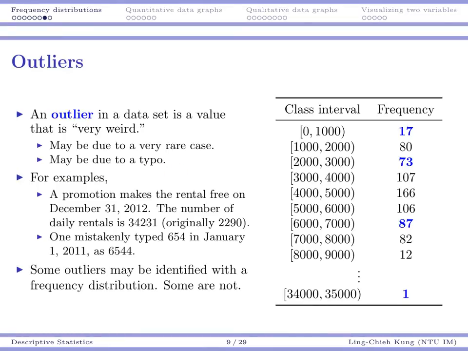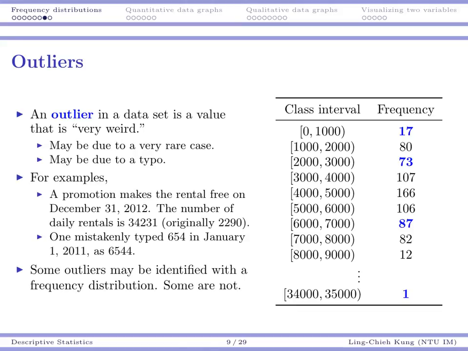In some cases, it's simply an unreasonably large or unreasonably small number. If you can identify them, you may want to ask whether they are simply the result of a typo. If that's the case, of course, you want to correct it. Or does it come from a very rare situation? If that's the case, you may also want to exclude it.